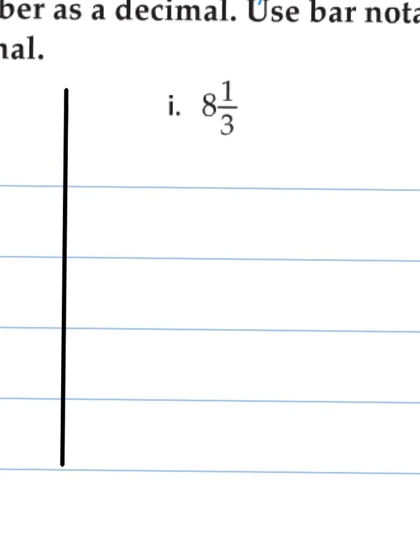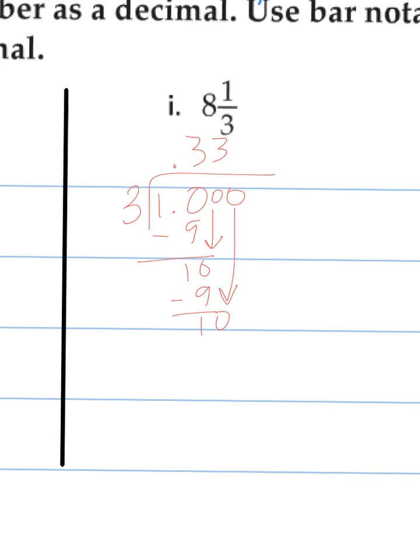Our next one, 8 1/3. Again, I'm not going to worry about the 8 right now. I'm just going to worry about my 1/3, writing that as a decimal. Do my long division. And you start noticing we have a repeating pattern here.